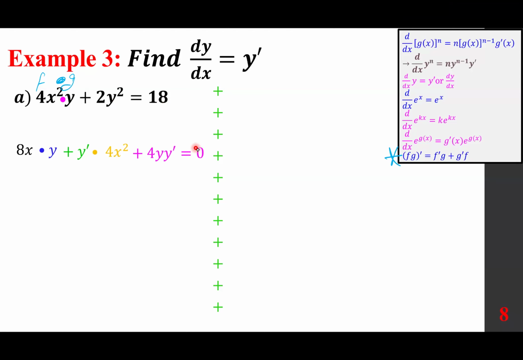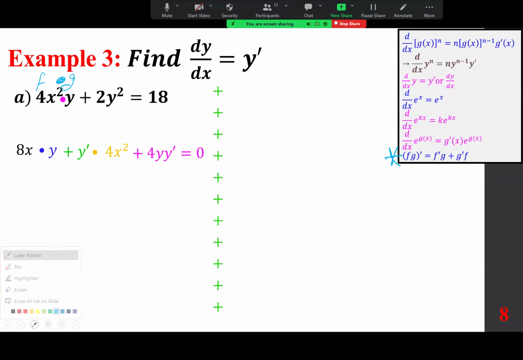Since we are solving for y prime, we are moving this part and we are factoring the y prime out of this, and they happen to have a 4 in common. So this moves and becomes negative 8xy on the right. This one, not only the 4 comes out, the y prime comes out, we get x squared plus y.